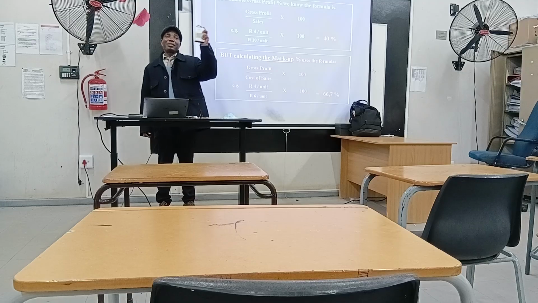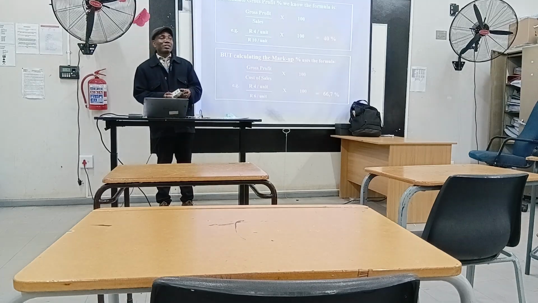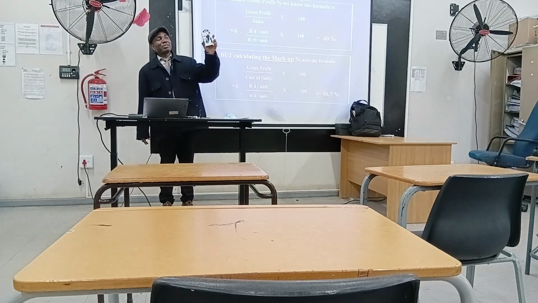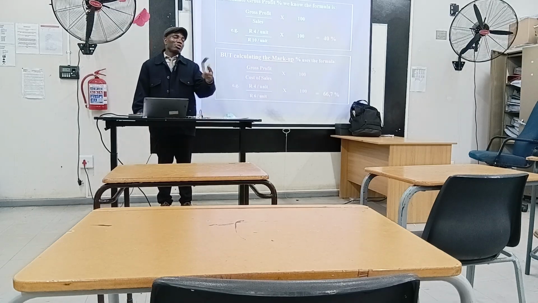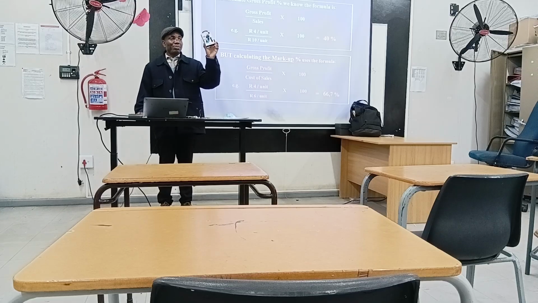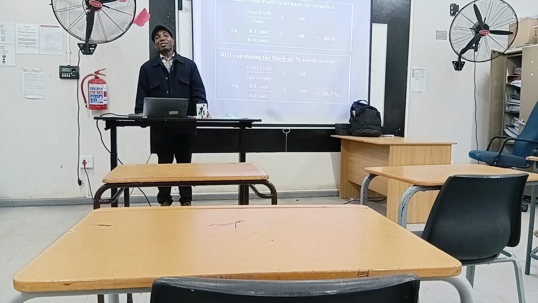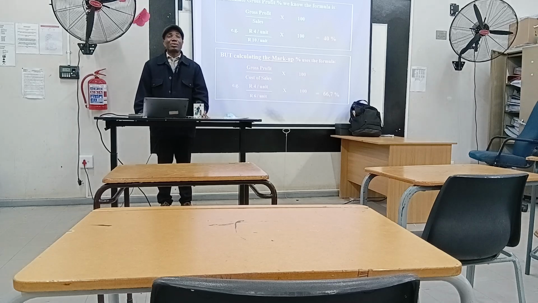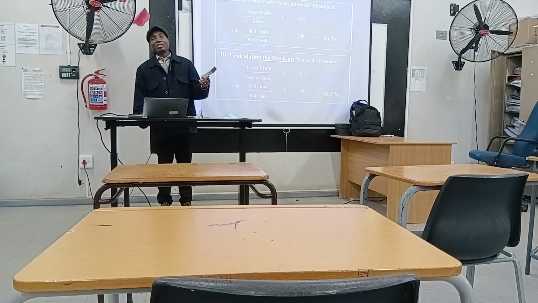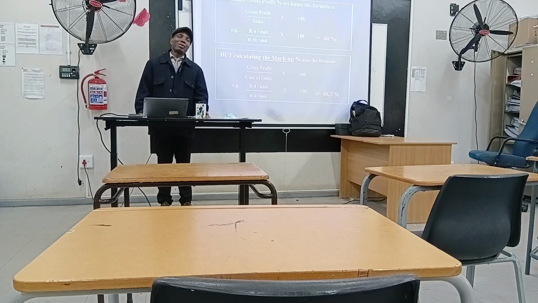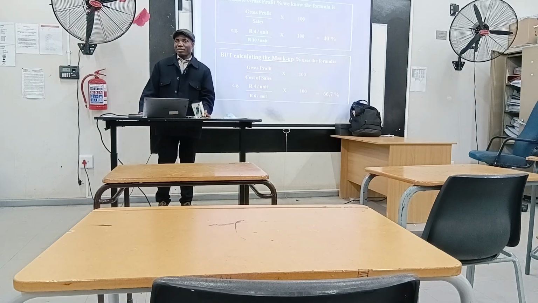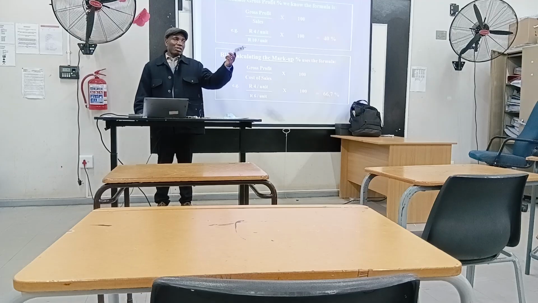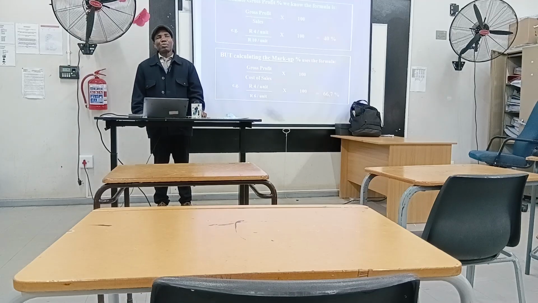I'm selling this item, and perhaps I bought it for 100 rand. Obviously I'm not going to sell it for 100 rand if I want to make a profit, so perhaps I will decide to sell it at 150 rand. Now the sales is 150, and the cost of sales, the cost price, is 100.